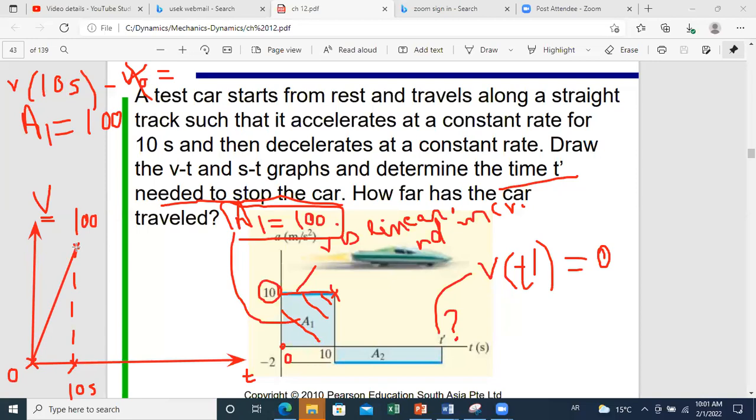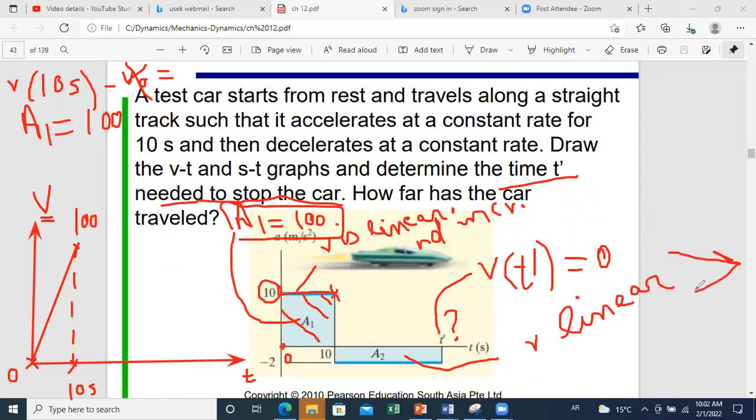Now suddenly the car will decelerate. So I will move from positive acceleration to negative acceleration. But since this negative acceleration is constant, in this phase v is still linear, but with a negative slope. The slope is negative, so the velocity is decreasing.